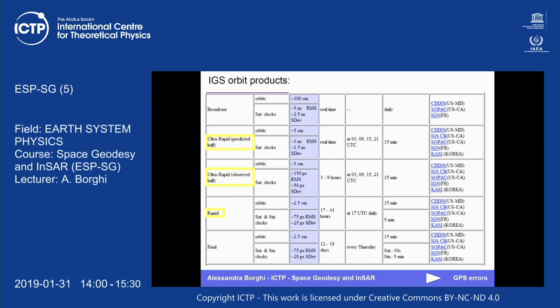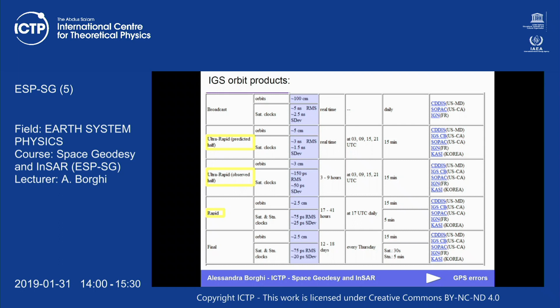We have to collect one week of data, analyze the data by different centers and combine it to have a final solution. To do this, they take about 12-15 days. So you cannot use this for real-time applications.